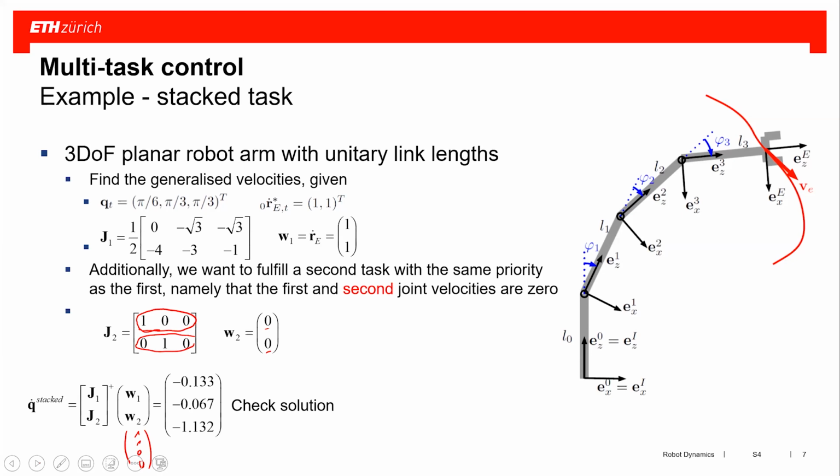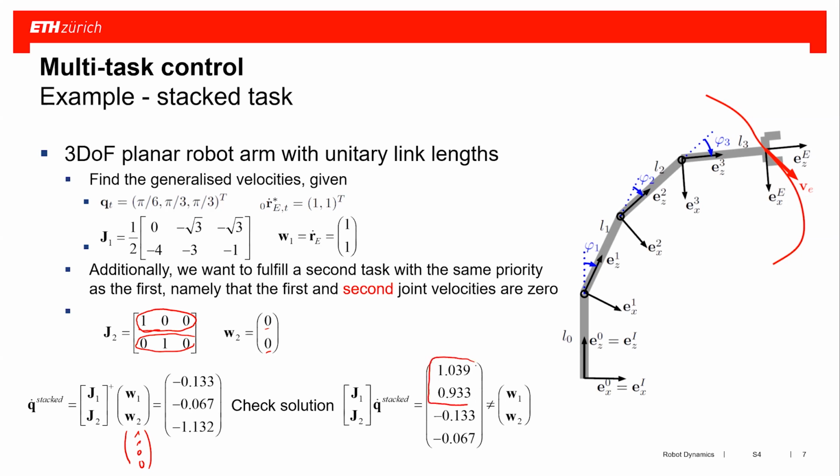So let's again check the solution. We take these Q dots and multiply the stacked J1 and J2 with this Q dot. And we end up with the following: 1.039, 0.933, and so on. So on these two entries we have something which is close to 1, 1, but not exactly 1, 1.